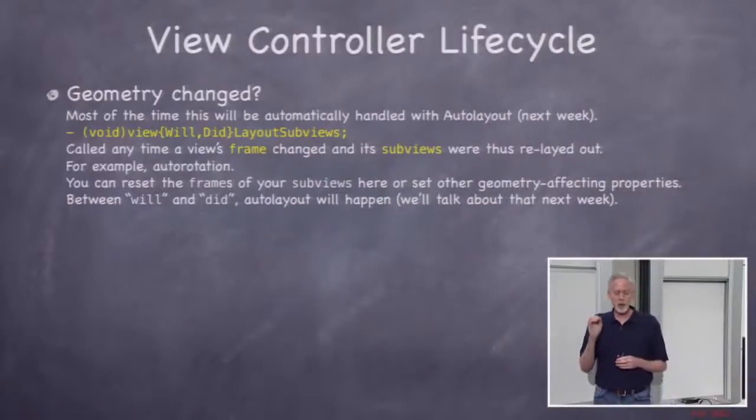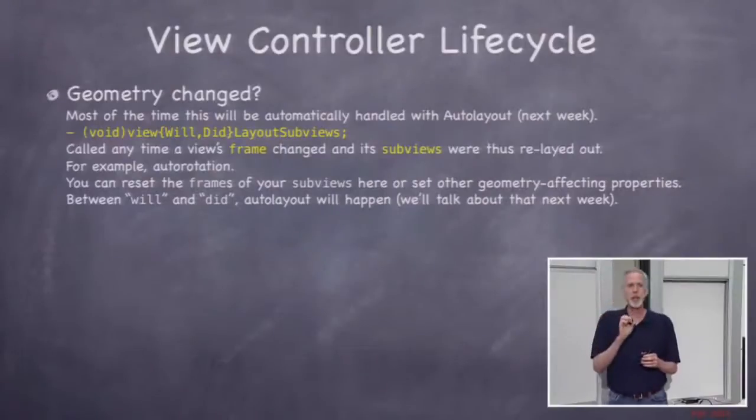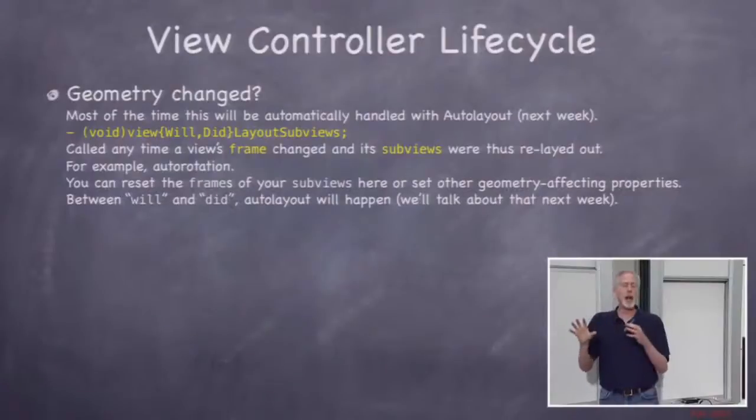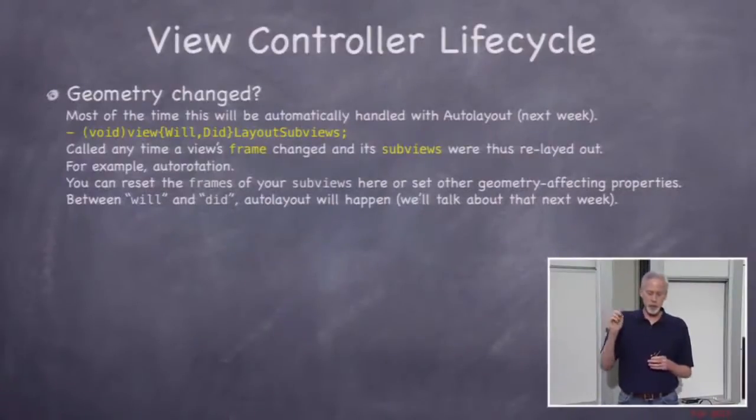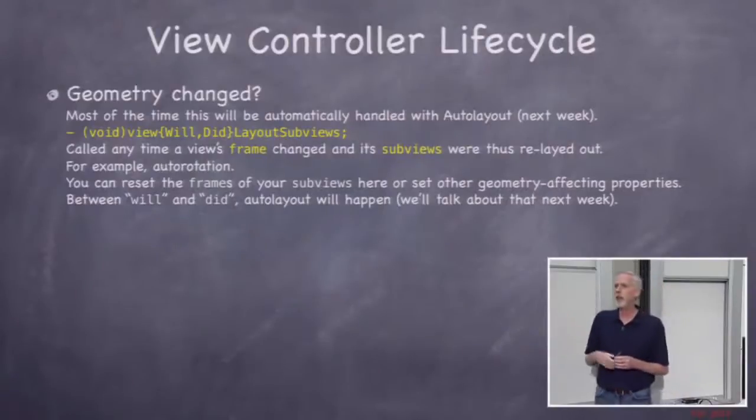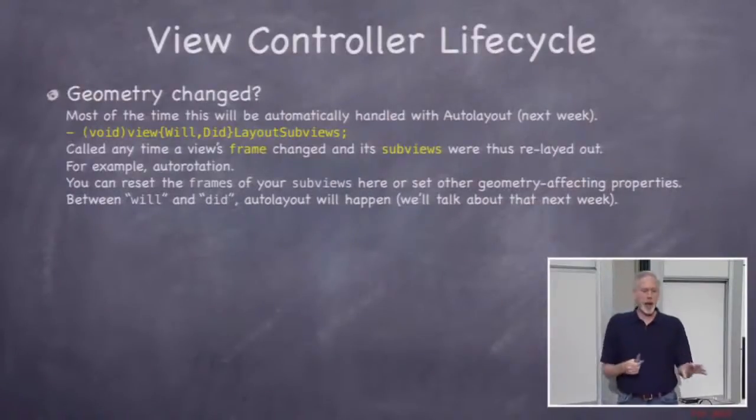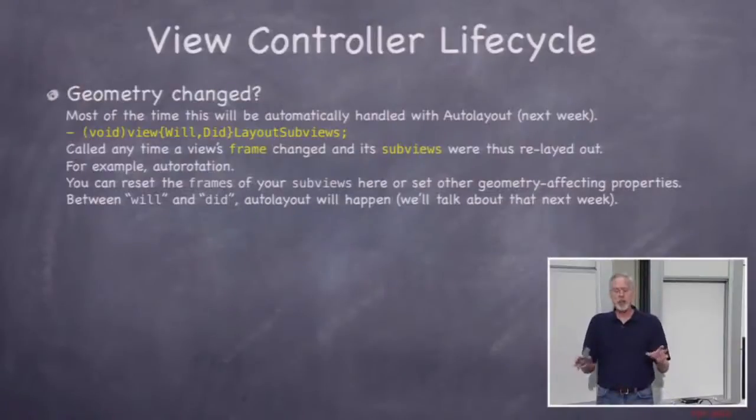Now, if there are some things that have to be moved manually, by hand, because there's no way to express in the automatic layout rules where things go, then the best place to do it is probably in viewDidLayoutSubviews, because the system's already laid things out. Now you can move around the last few pieces that need to be laid out. But things like buttons, like that outline and unoutline button, it's really easy to make it so that when you rotate to landscape, they move down to the corners.